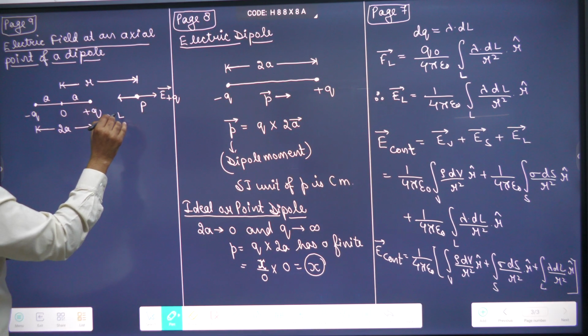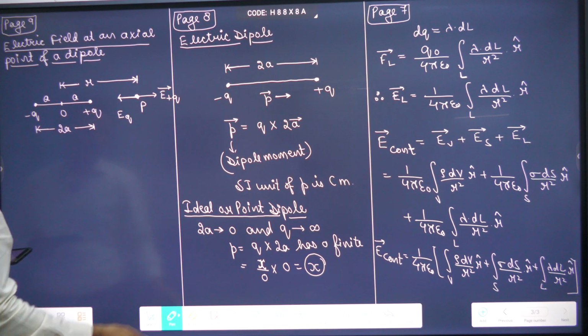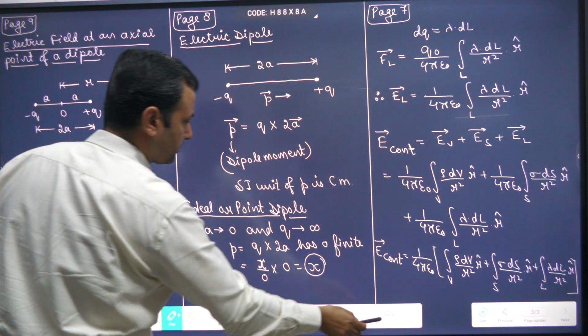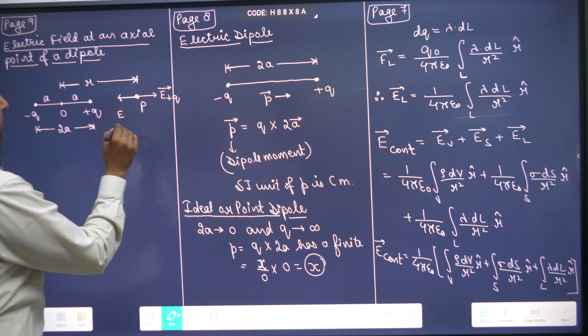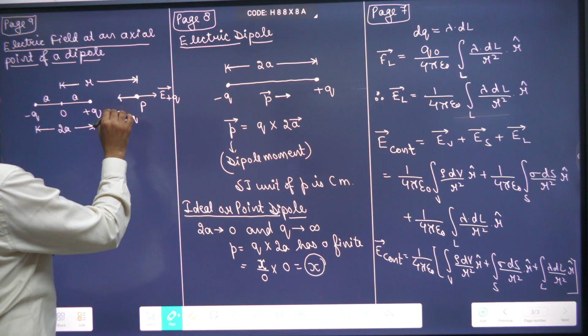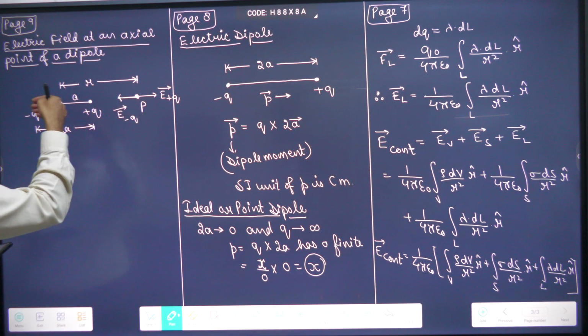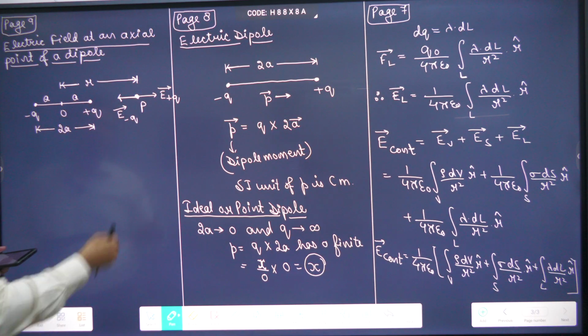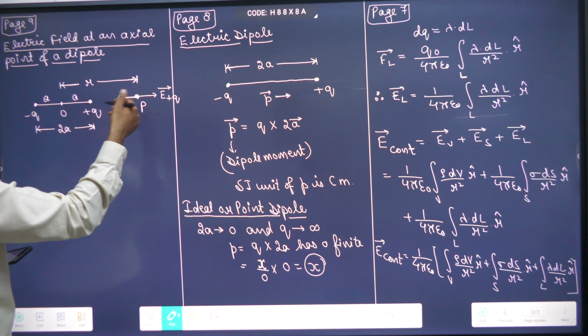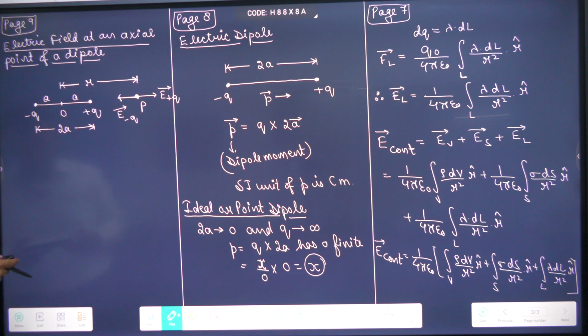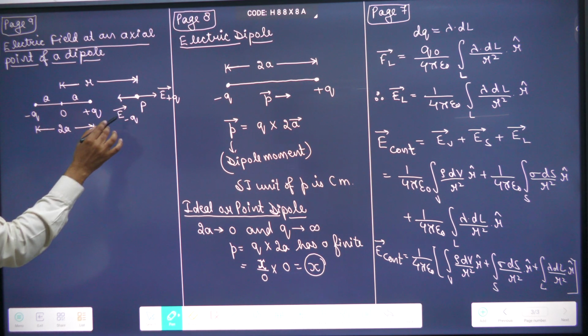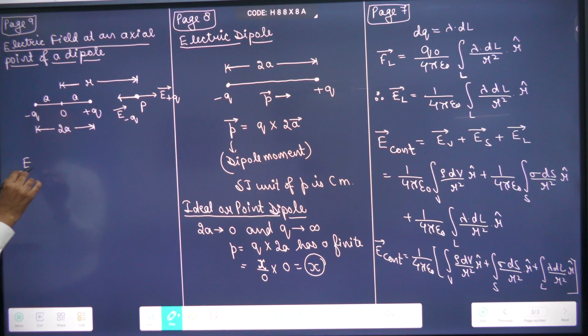So E minus Q is the attractive direction, towards here. Now let us talk about what will be the value of this electric field due to charge minus Q at point P.